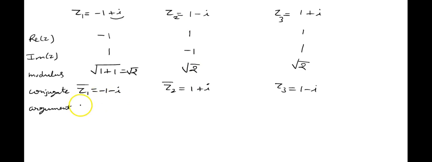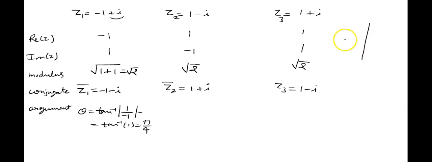Now the most important thing is the argument. So first I will find theta. Theta will be tan inverse of the imaginary part over the real part, that is 1 over -1, so that is going to be tan inverse 1, which is pi by 4. Now I'll just draw and check which quadrant this is lying in.